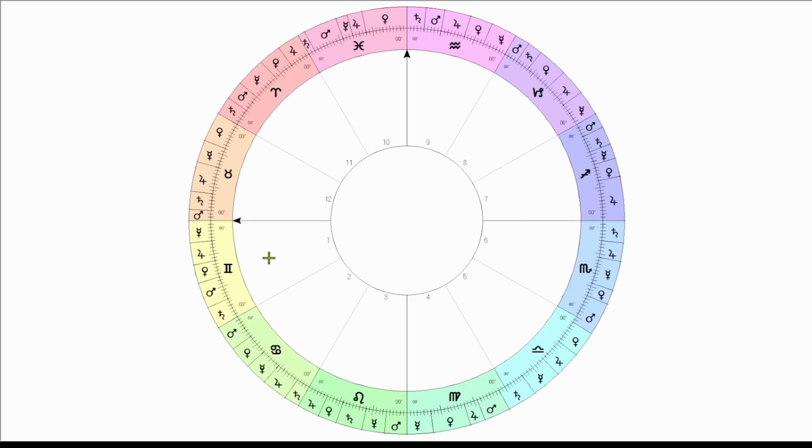Again, it depends on the planet, because if Mercury is not in particularly good condition, they could also be a bit impractical and a little bit nervous, amongst other things. But again, that gives additional quality to that sign.